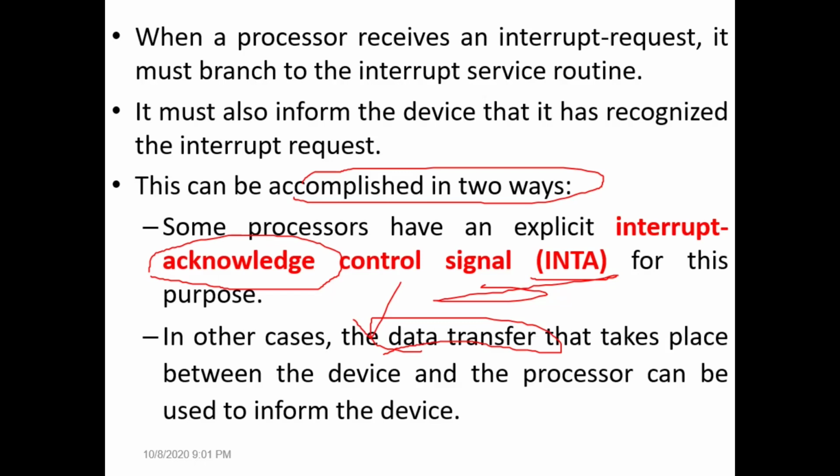When the data reaches the device, the output device comes to know that its interrupt has been accepted and is under execution. So this is one more way. The actual data transfer, from input device to the processor or from the processor to the output device, itself informs the device that the interrupt is accepted.